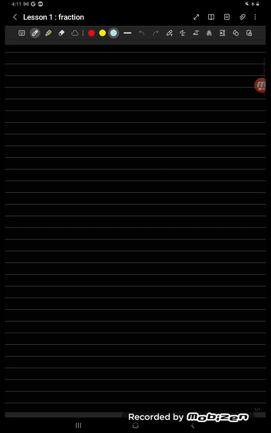Let's start with lesson 1, fractions. First we'll look at the fraction general form.